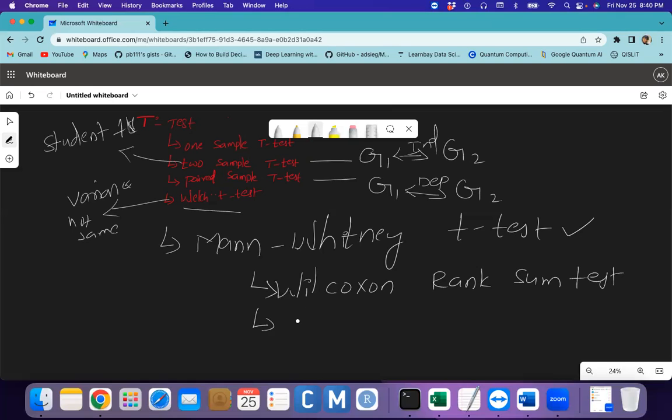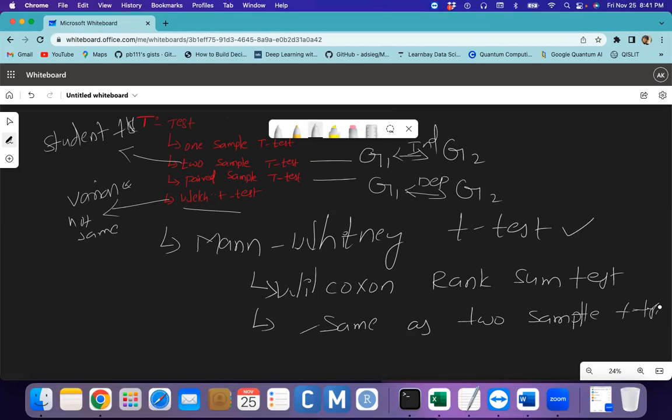So you can simply say that this is the same as the two sample t-test.